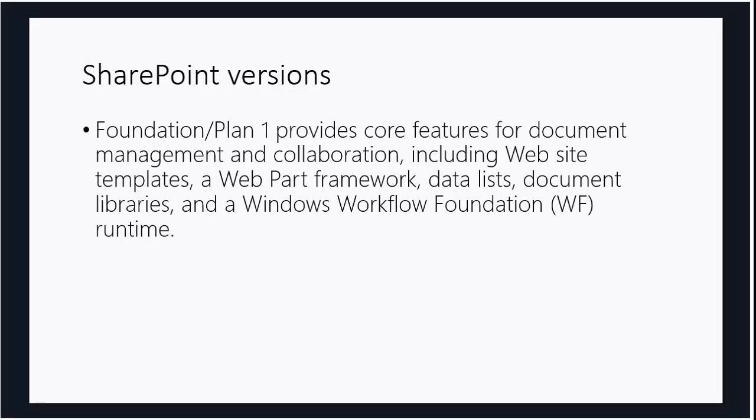Foundation and Plan 1 with Office 365 includes all the core functionality. So you can basically create document libraries, lists, calendars, contacts, upload documents into it, and connect to your Office documents. All the basics that you're used to doing with SharePoint can be done with Plan 1 or the Foundation on-premise.